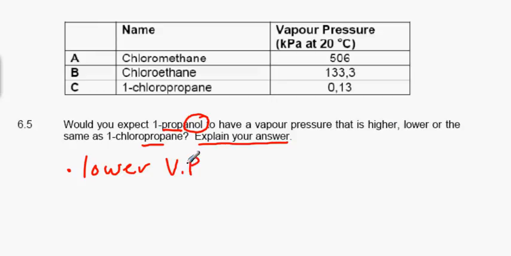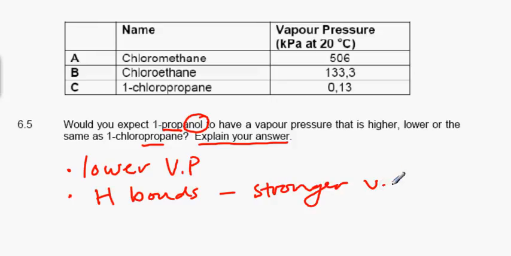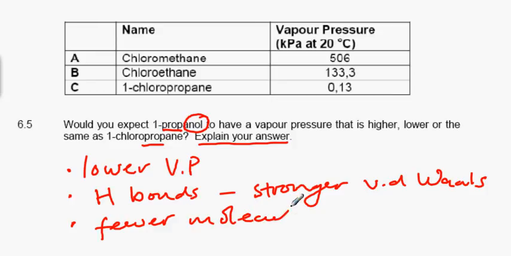And then secondly, to explain your answer, and there we would need to say that the alcohol has got hydrogen bonds, which are stronger bonds than the van der Waals forces in chloropropane, and that means that fewer molecules will break free from the liquid, and hence the vapor pressure would be less.